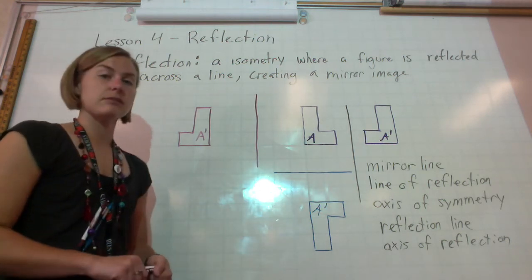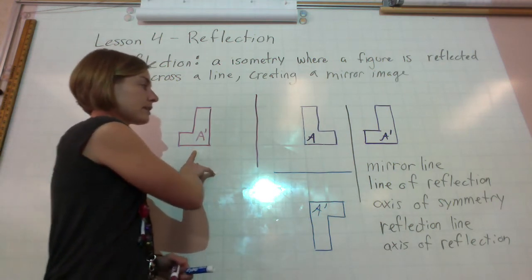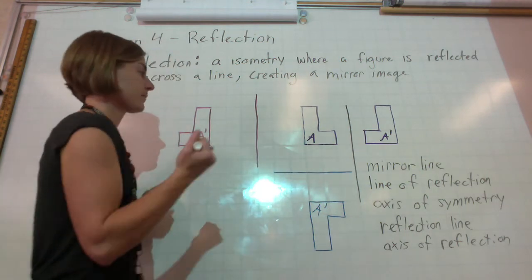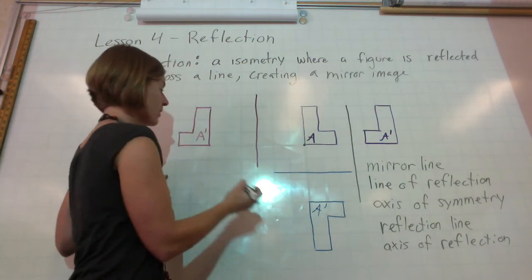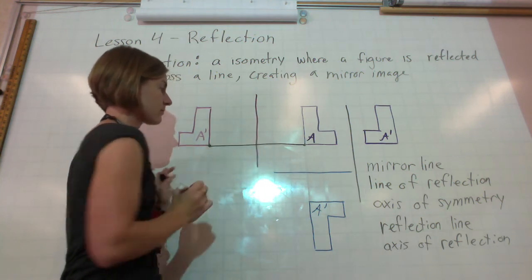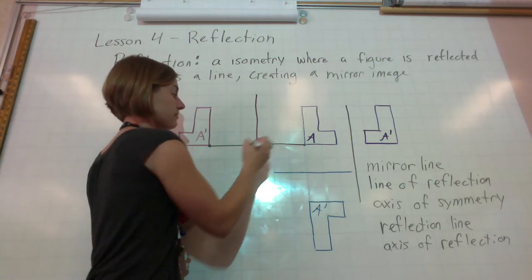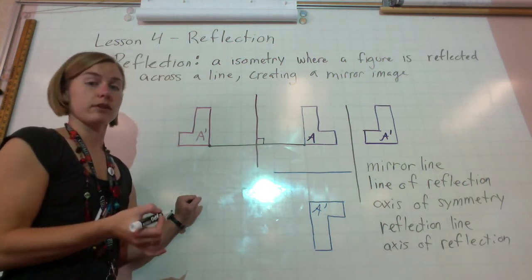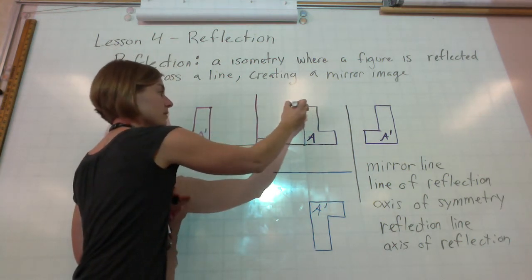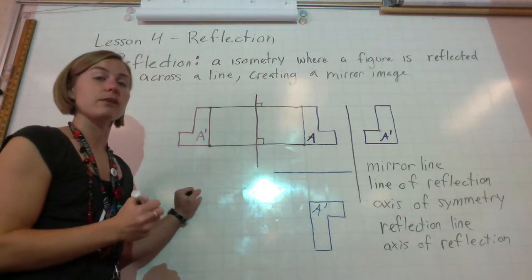Now, there are some very interesting properties that happen with our reflected image and our original image. If I were to draw a line from the original point to the reflected point, the line is perpendicular to the reflection line. That's true of all of them. Check it out. If I go from the original point to the reflected point, the line between them is perpendicular to the reflection line.